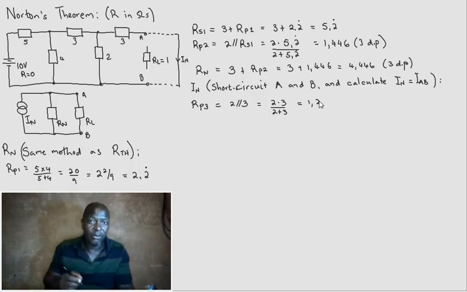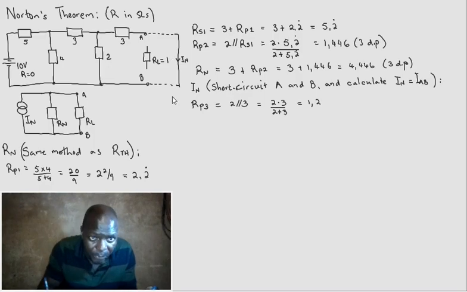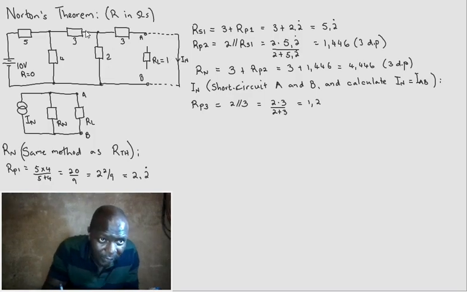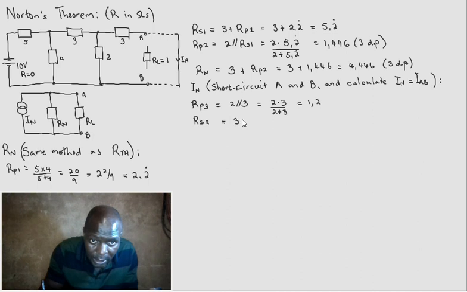Remember, we already stated that our resistor values are in ohms. Now, when you've done that, you've got this value here in series with that parallel network. So therefore, we are going to talk of R series 2. And that will be the 3 ohm in series with R parallel 3, which is equal to 3 plus 1.2, which is equal to 4.2.